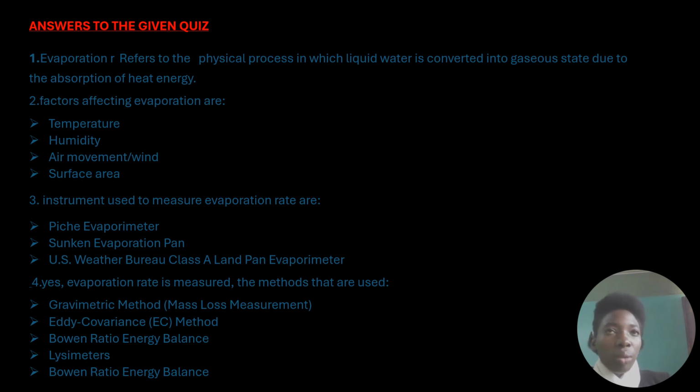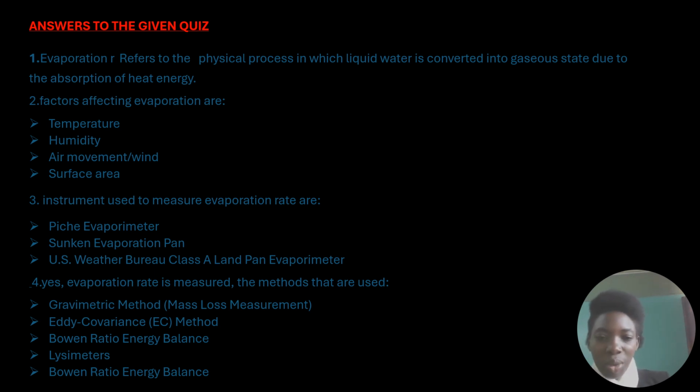As for the instruments that can be used to measure the evaporation rate, we have seen the Piche evaporimeter, the sunken evaporation pan, and the USA Class A or round pan evaporimeter. And we have also seen that the evaporation rate can be measured.